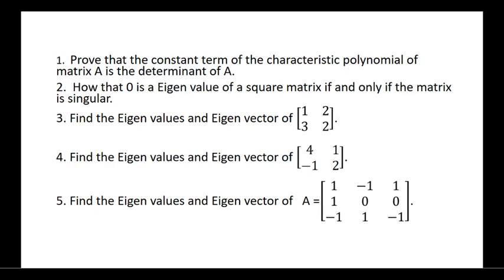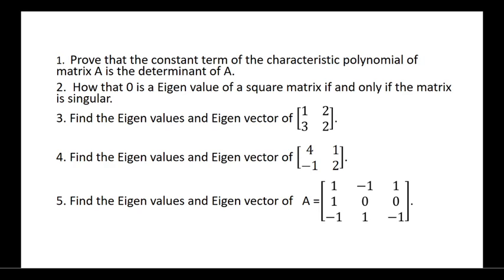Conversely, by assuming A is singular, determinant of A is equal to 0. So that implies determinant of A minus lambda I is also 0. That implies determinant of A minus lambda times determinant of I is equal to 0.